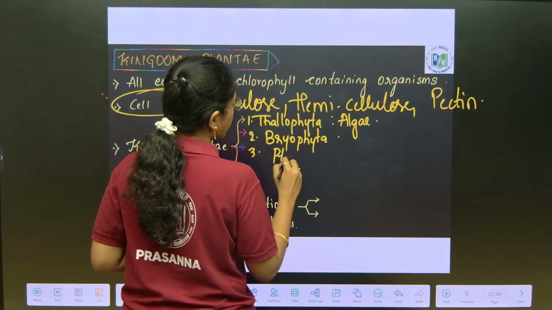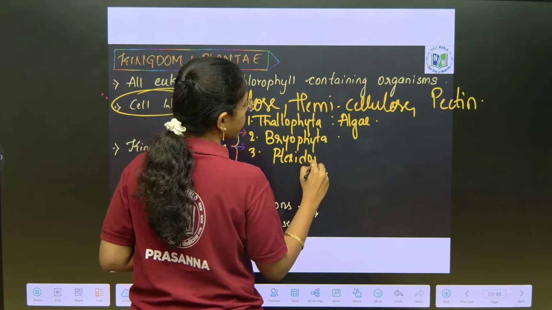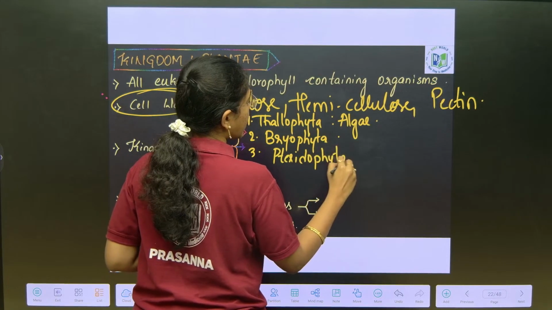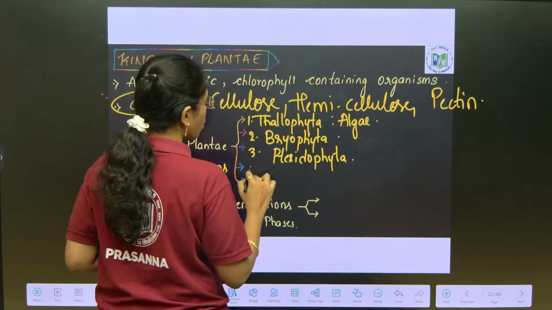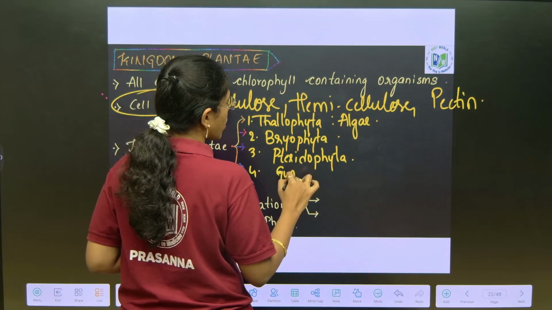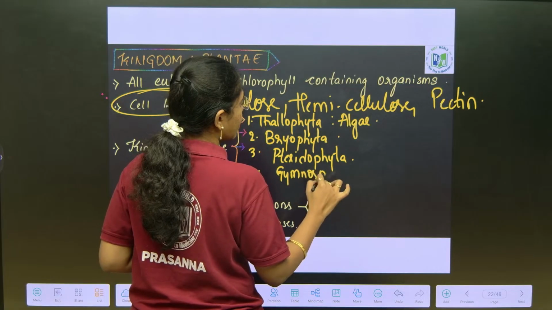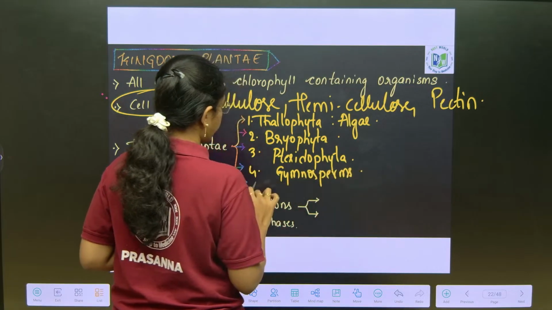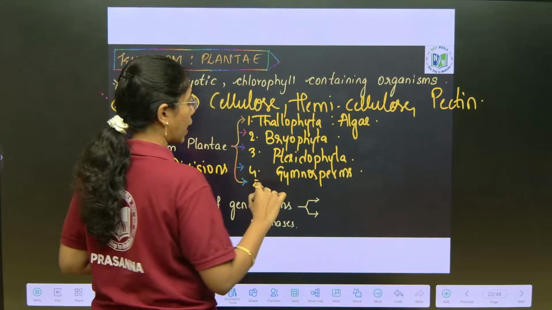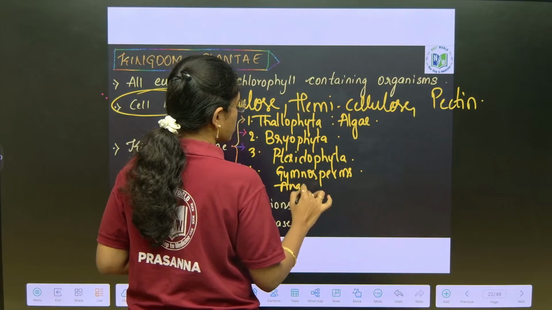Third is Pteridophyta, the first terrestrial vascular cryptogams. Fourth is gymnosperms, which have naked seeds. And fifth is the advanced division of the plant kingdom, angiosperms.